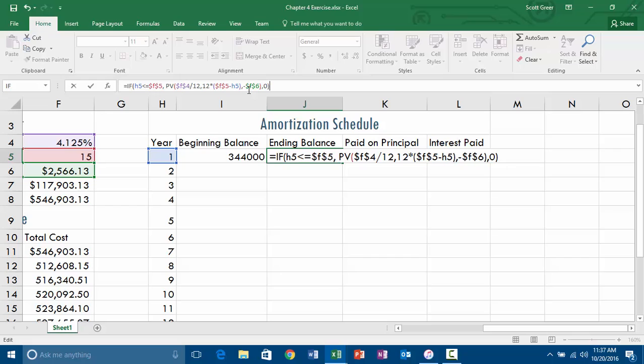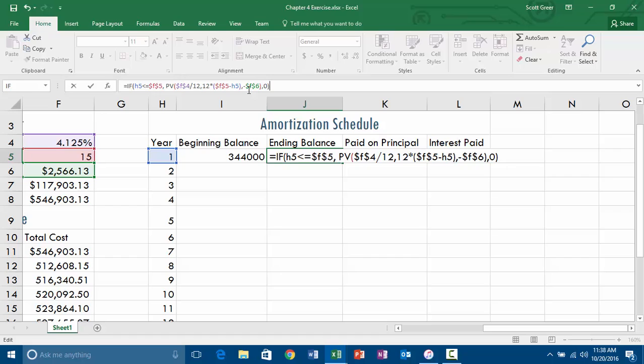Minus F, absolute 6, in parentheses, comma 0, in parentheses. It's in the book. It's in the middle of the page. It's a long formula. I didn't make it up. It's in there. So if H5, what was H5?